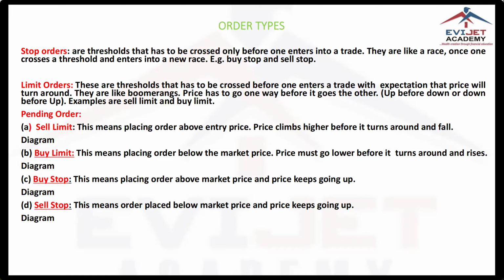Now, let's look at buy stop and sell stop. Buy stop and sell stop are different from sell limit and buy limit. With a buy stop, the price is already selling, but there's something you are waiting for before you enter the market. You don't want to enter at that price, so you wait in front. You go up and put your buy stop because you are seeing some stumbling block between where you put it and where the price is.